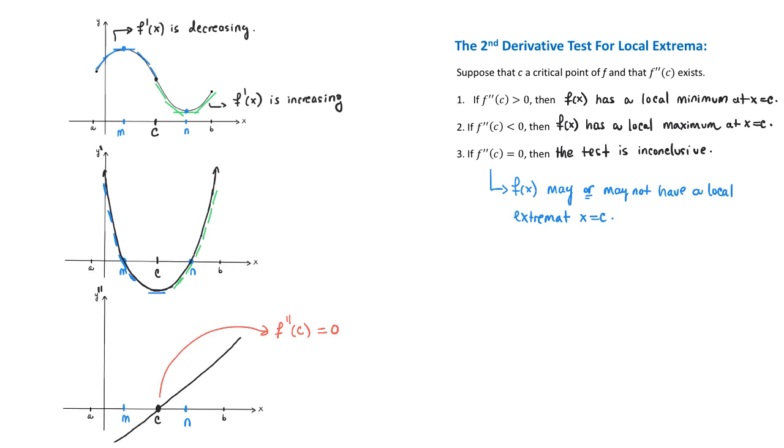Now, the second derivative test seems nice as long as it is easy to compute the second derivative of the function. For some functions, it is super easy. It is a no-brainer to find the second derivative. But there are sometimes some functions, actually the majority of functions, where it becomes so tedious to find the second derivative.